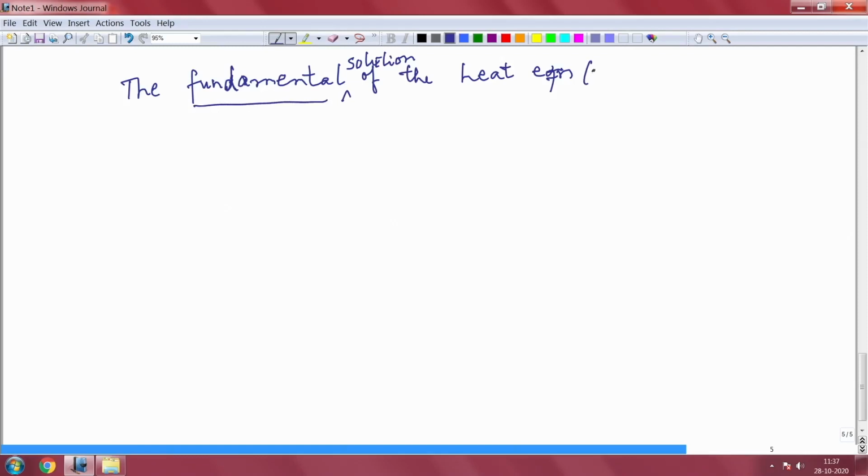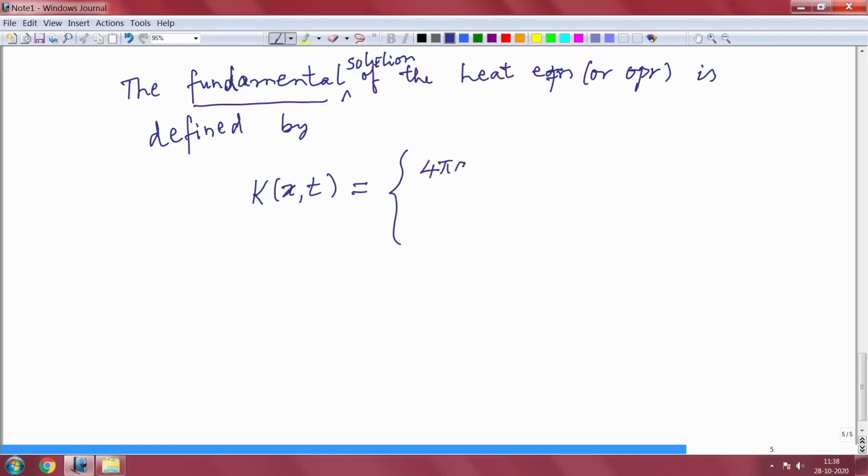It is defined and denoted by k of x, t, so there is a constant multiple here: 4 pi a squared t to the minus half, times the exponential, for t positive, x in R, and 0 for t less than 0.